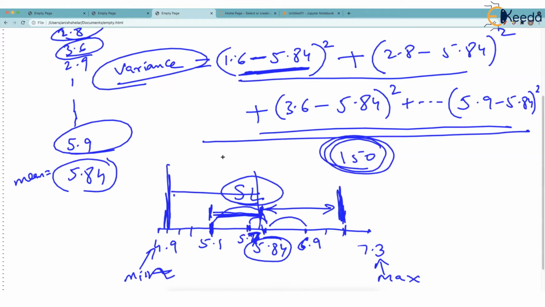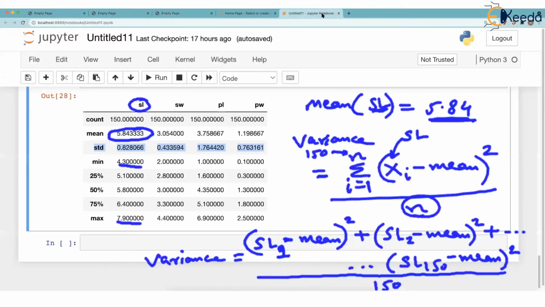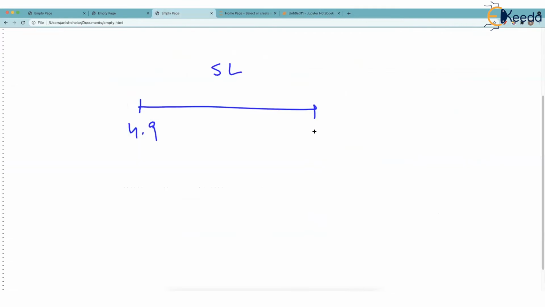What we finally get, I'll erase all this. What we finally get after averaging, if this is the sepal length, and 4.9 I think, and what was maximum, I forgot again, 7.9 was the maximum, and this was 5.84 if I'm not wrong, the mean.